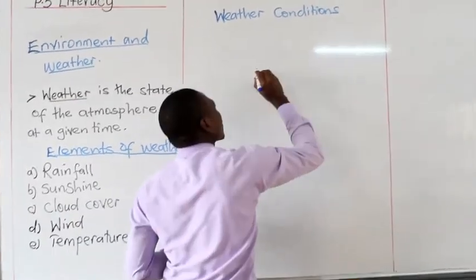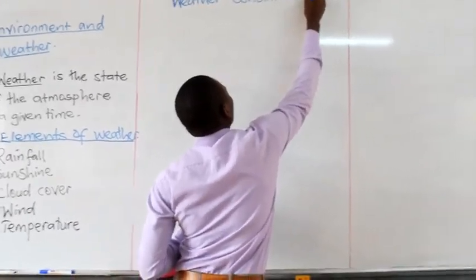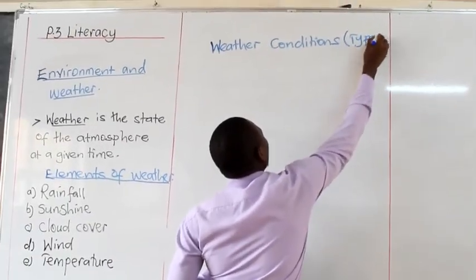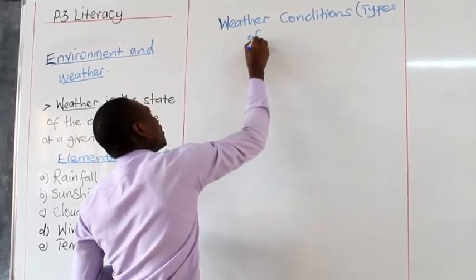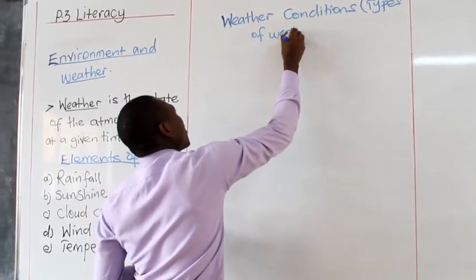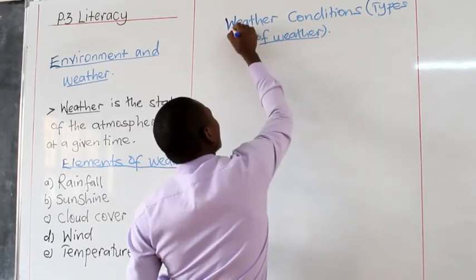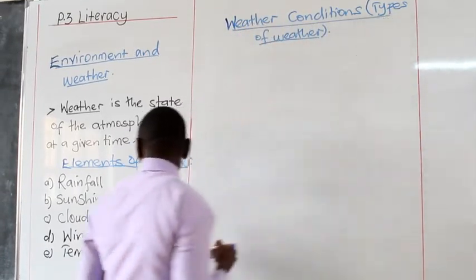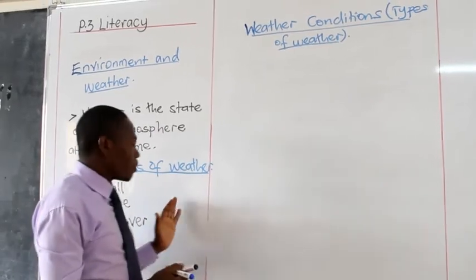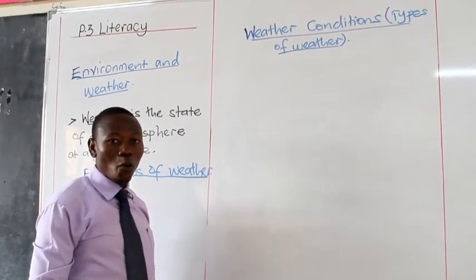Weather conditions, you can also call them types of weather. Types of weather. So, like I've said, the types of weather are caused by the elements of weather.